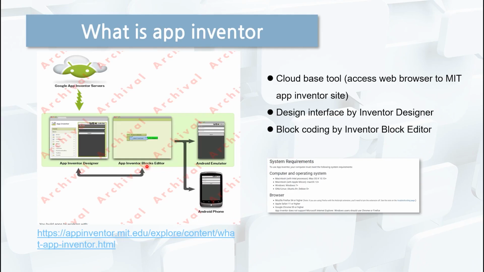Here is the website. Don't worry about the detail, I'm going to explain in detail later on. Anyhow, in the App Inventor Designer you select components and drag and drop them onto your screen, so you can design the screen of an application.